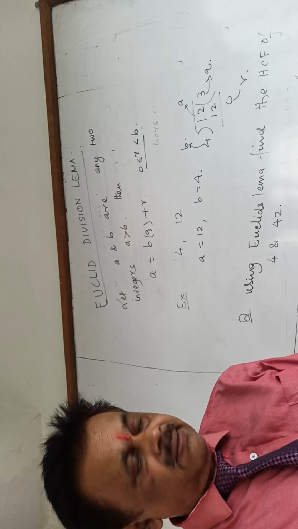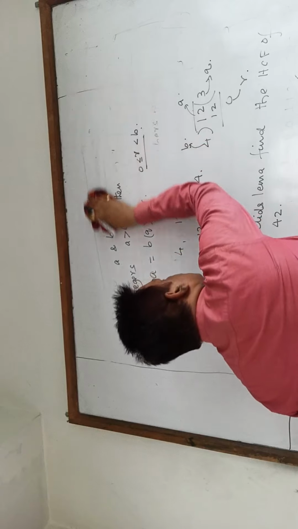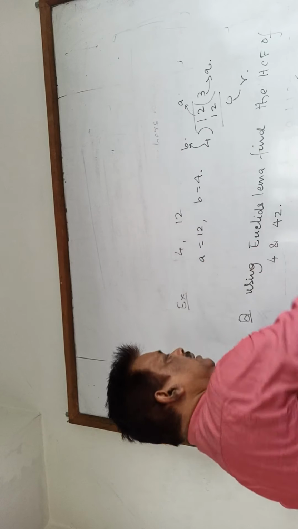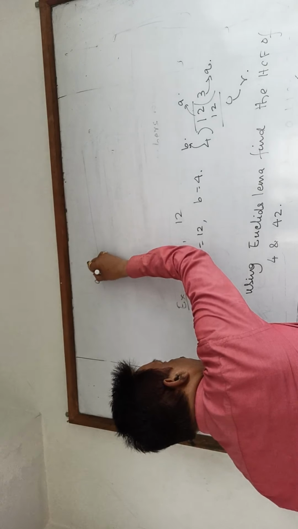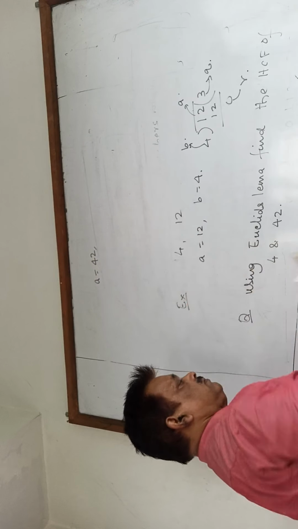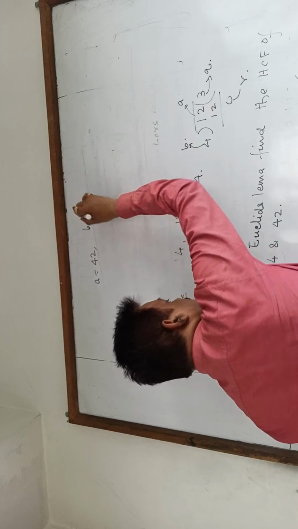So in this case, Euclid lemma means A equals 42, B equals 4.